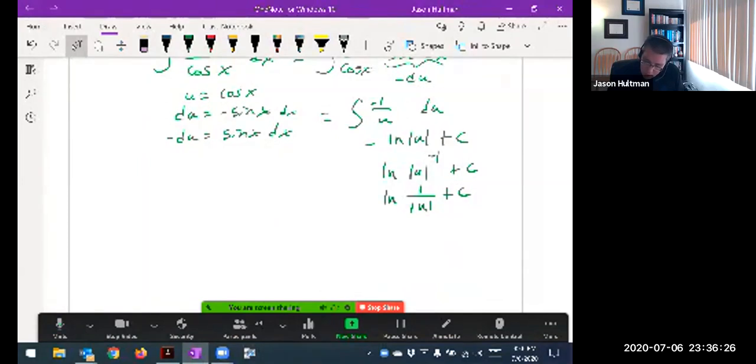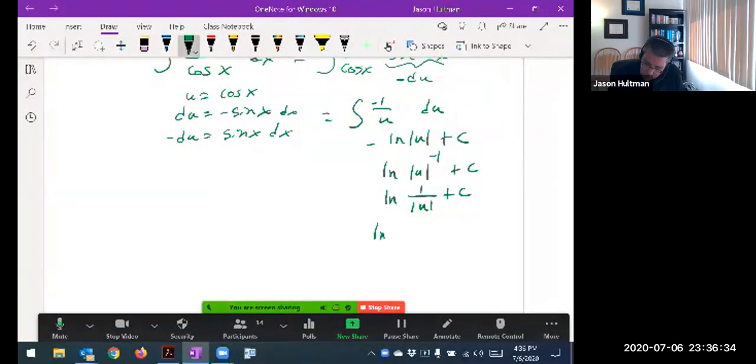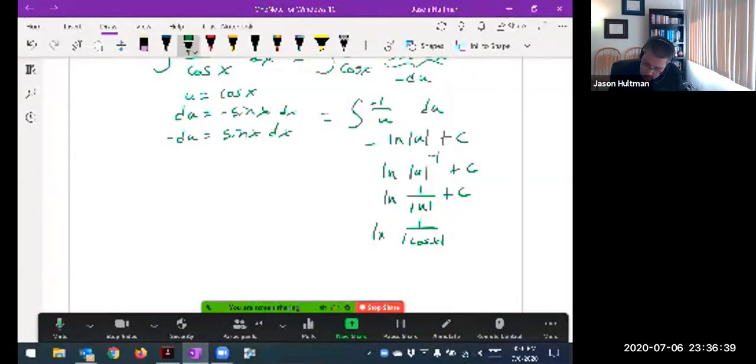Okay, and then what was u though? Wasn't that cosine of x? So this is going to be the natural log of 1 over the absolute value of cosine of x plus c, which is the natural log of the absolute value of secant of x plus c. Nice. And that's it.